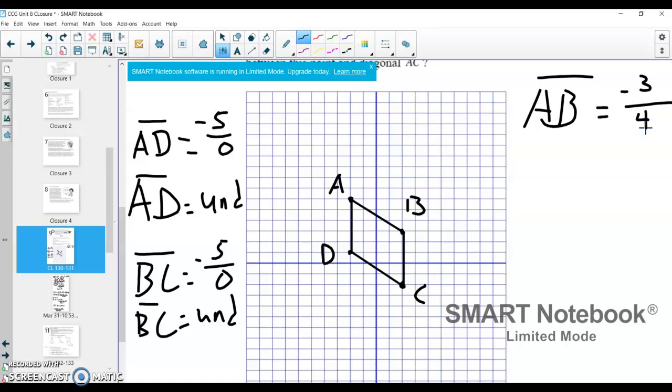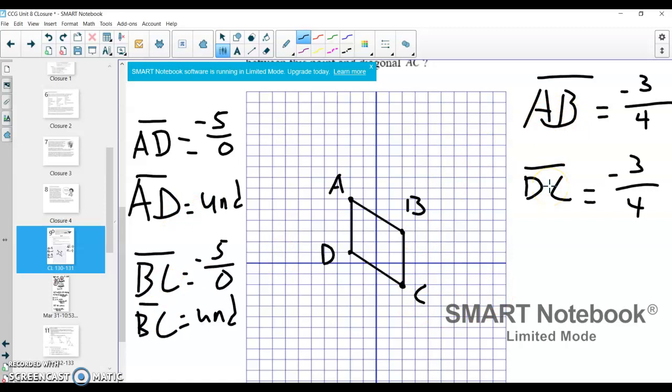All right. Now DC, again, I go down 1, 2, 3, so a -3, and then I go over 1, 2, 3, 4, and that's -3 over 4. All right, which we see right now is a parallelogram. We have a pair of parallel sides AD and BC, and we have another pair of parallel sides AB and DC.